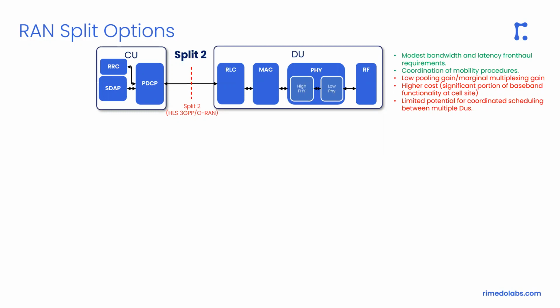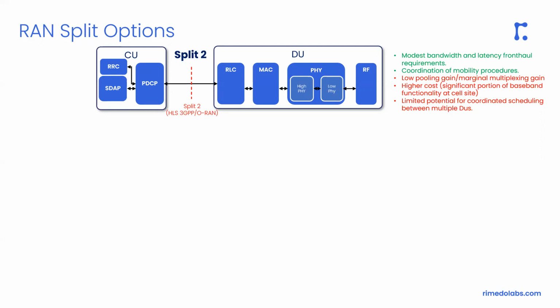Split number 2 is the split between the central unit and distributed unit in a place where we have the PDCP protocol, so packet data convergence protocol, out of which we have the actual PDCP PDUs handling the IP packets for the user, or RRC messages for the control plane.